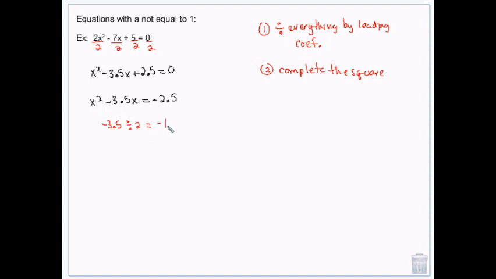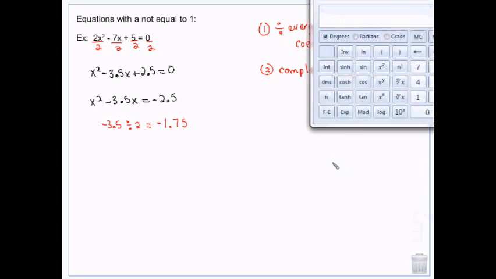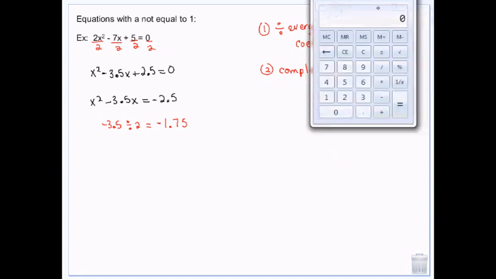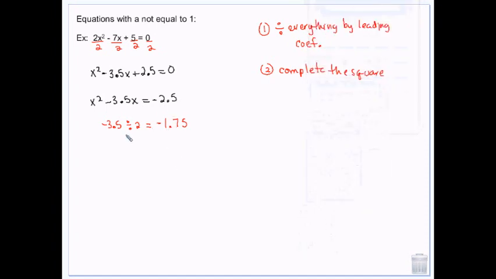So I'm going to get negative 1.75, I believe. Let me just double check myself. Yeah, 1.75. And then I'm going to take that negative 1.75 and square it.